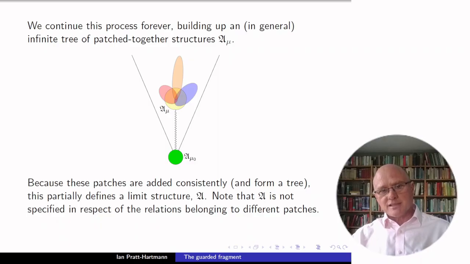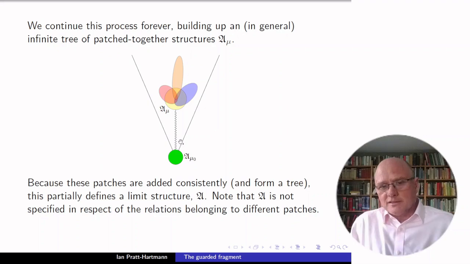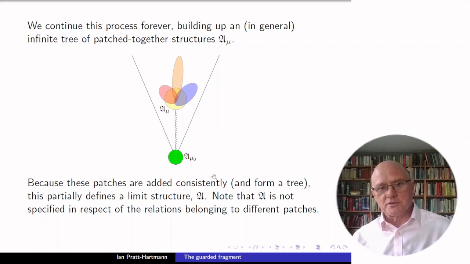Because the patches are added consistently and form a tree, this naturally defines a limit structure. So you just take all the patches together, and that will give you a natural limit structure, and let's call that A. Notice that A hasn't been specified in respect of relations not belonging to different patches.